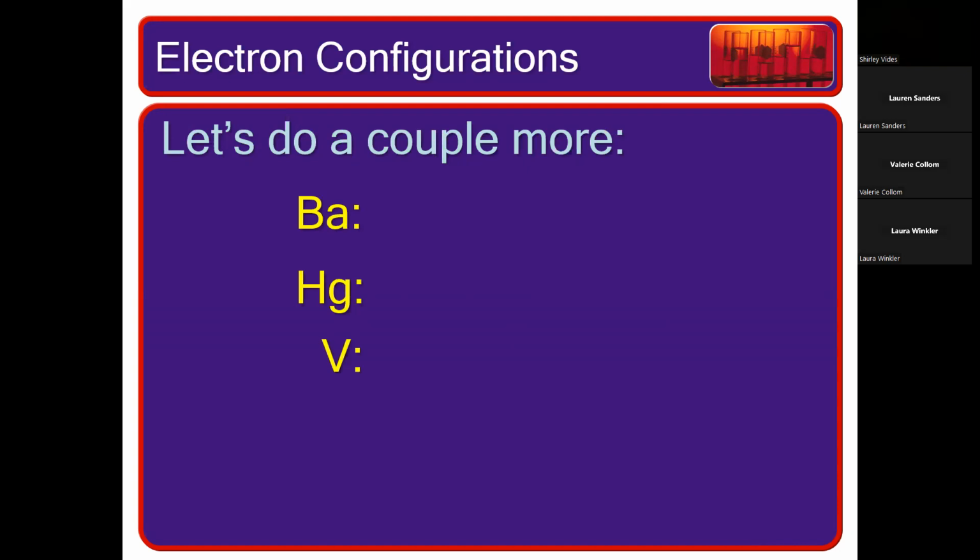All right, so let's do these. I want you to find barium on the periodic table. I can even give you its number, it's 56, so you can find it faster. Go up one level, go all the way across the period on the periodic table to the noble gas. What noble gas is that? If you can't talk, you can put it on the chat because I want your answers.